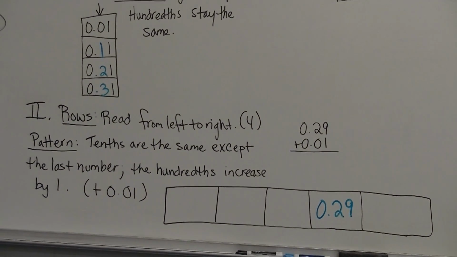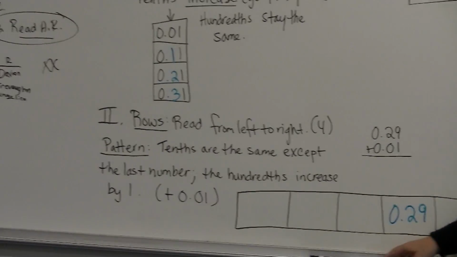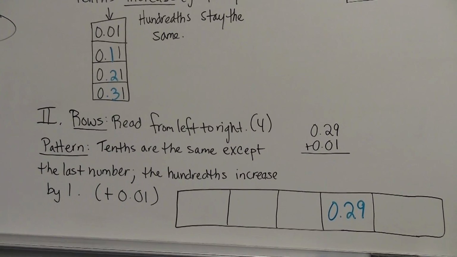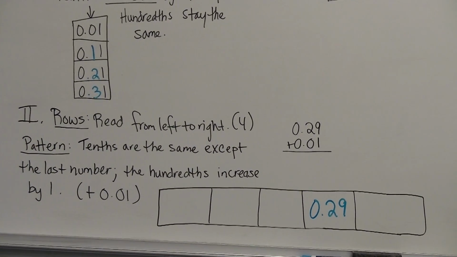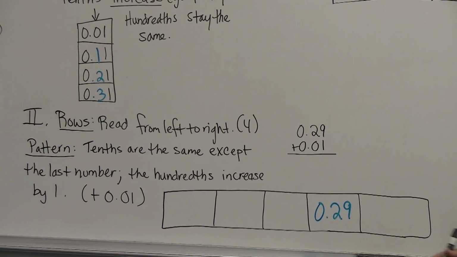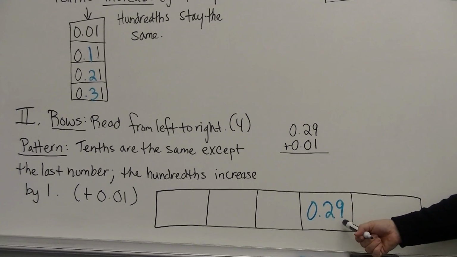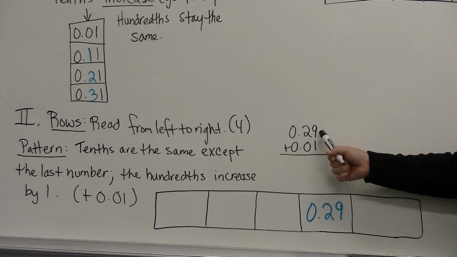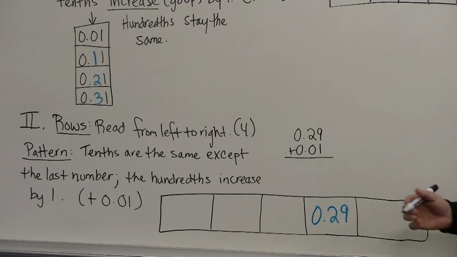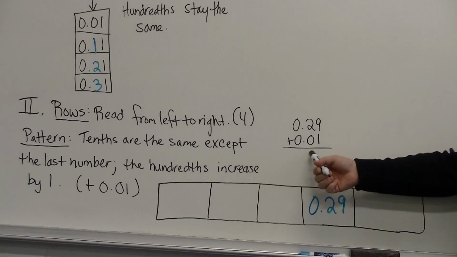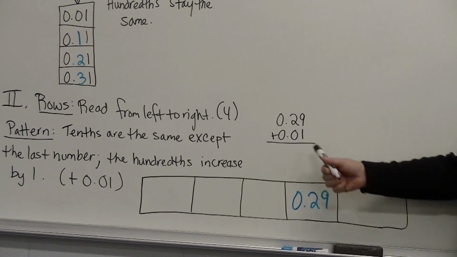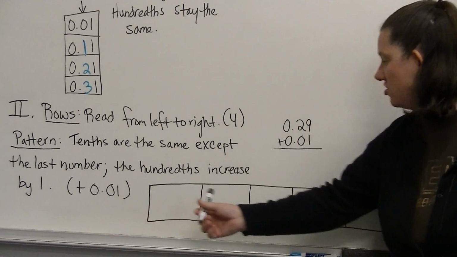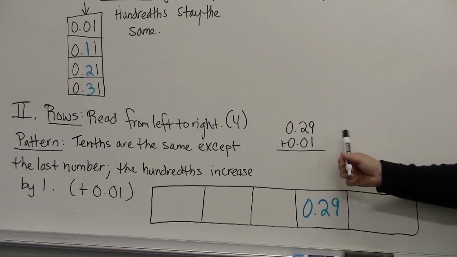Okay, now once you got those notes here, we're going to fill in the rest of the numbers together. The pattern said that we need to add 1 hundredths to each number. Okay, so here is 29 hundredths. Okay, if I add 1 hundredths to 29 hundredths. If you don't know how to do this in your head, you will see here I put the regular addition problem. Line up your decimals and add hundredths, just like I put down here in your notes. What is 9 plus 1?